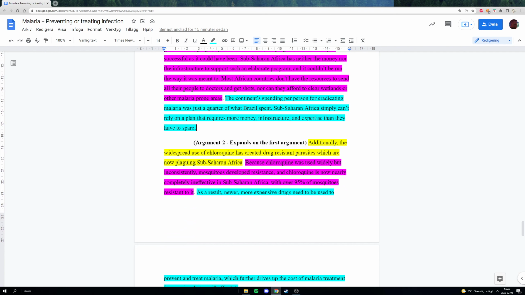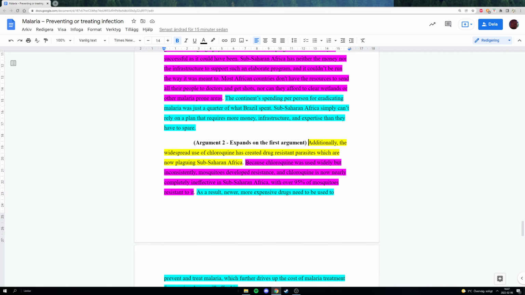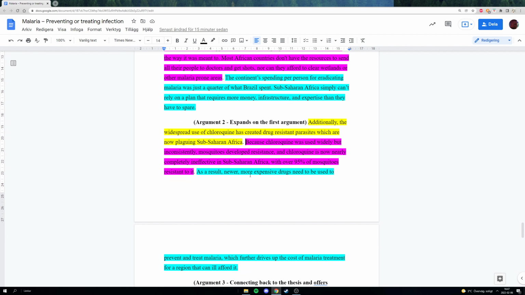And then you could argue that their second argument directly expands on their first argument, which just shows, you could technically say that this is just a further premise to the first argument, which simply states that due to the chloroquine that they discussed up here in the first argument, caused major issues because 95% of mosquitoes are now resistant to this treatment, and as a result, now newer and more expensive drugs need to be created, which is another huge financial toll on the Sub-Saharan African countries and their societies.